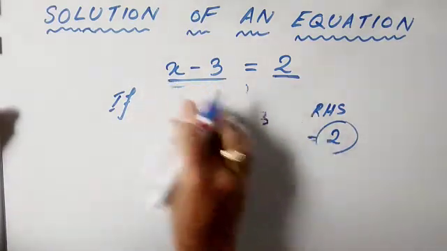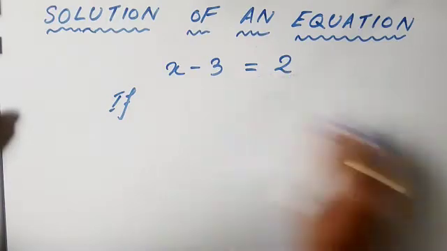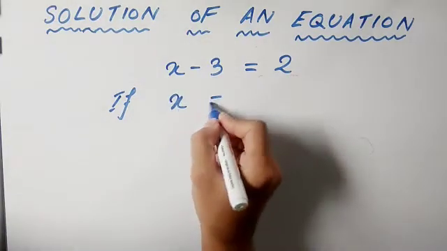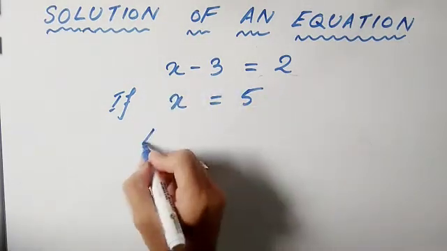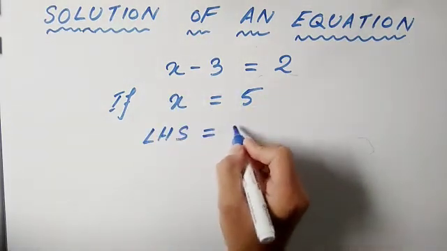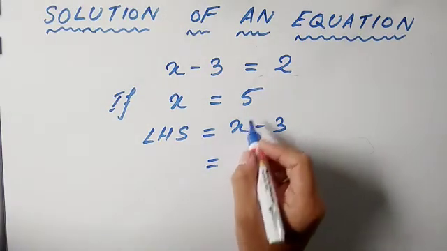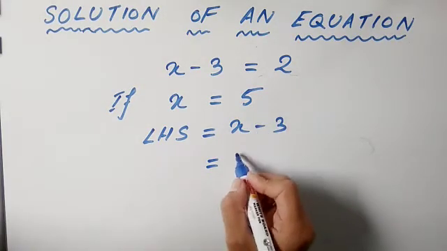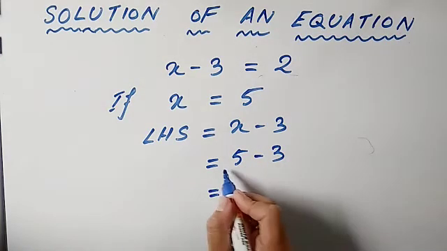Okay, then let's take another value. What if we take the value of x as, let's say, 5. So, let's try to find the value on the left hand side. x minus 3. Instead of x, we have to substitute 5. So, 5 minus 3. What is the value of 5 minus 3?